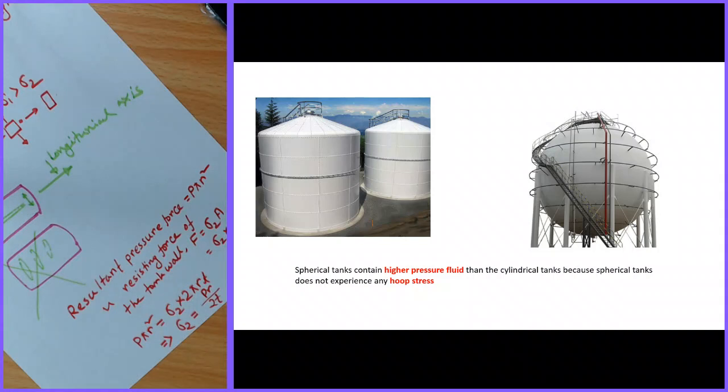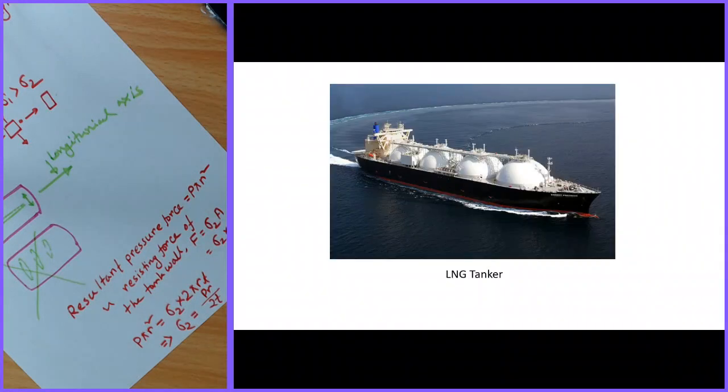On the other hand, the spherical tank contains light gas or high pressure gas like LNG. So this is an example of LNG. All the LNG tanks throughout the world are mostly spherical tanks, and in a moment we are going to solve a problem, and after solving it we can easily understand the advantage of the spherical tank over the cylindrical tank.